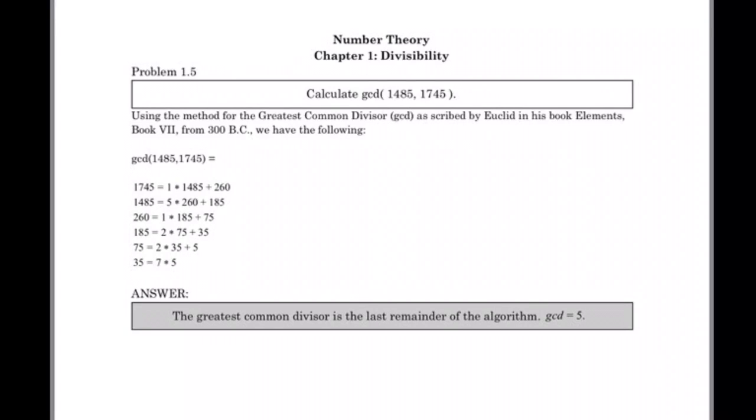Then, looking at the right side, we take 1485 and represent it as a multiple of the remainder 260 plus a new remainder. So the second line is 1,485 equals 5 times 260 plus 185.